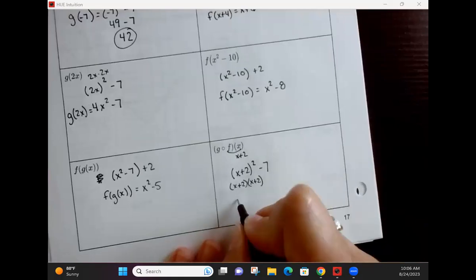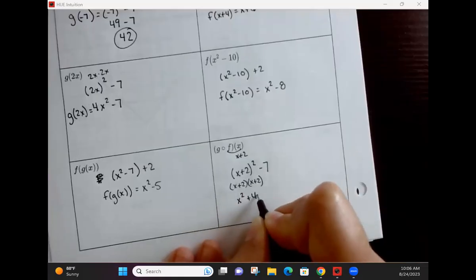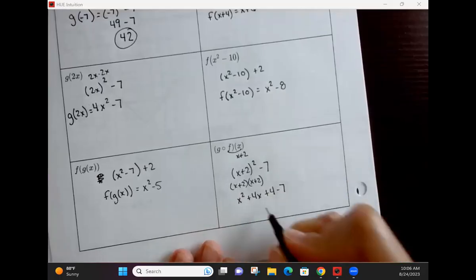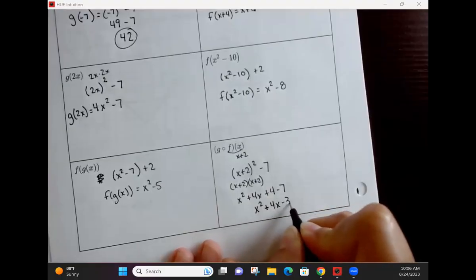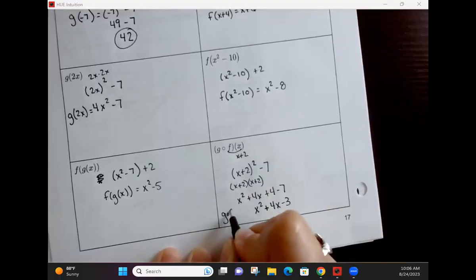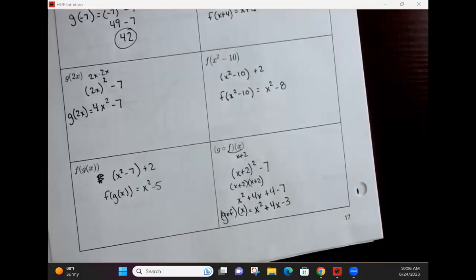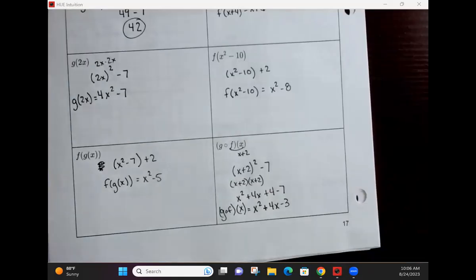So this gives me x squared plus 2x plus 4x plus 4 minus 7. Then combine your like terms: x squared plus 4x minus 3. So g of f of x is x squared plus 4x minus 3. Questions for me so far? We feel okay about this so far? Not too bad?